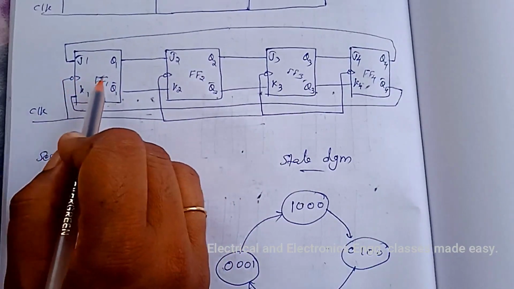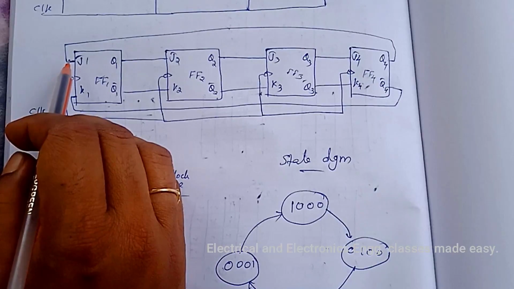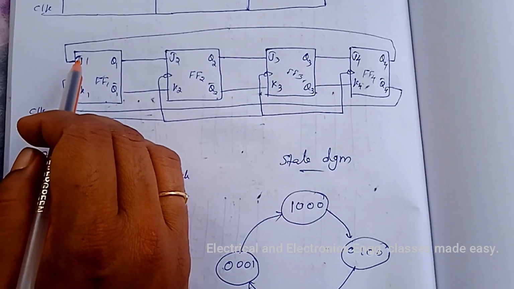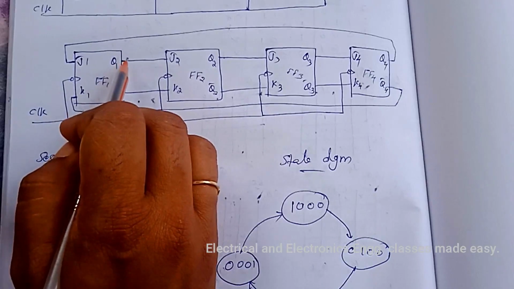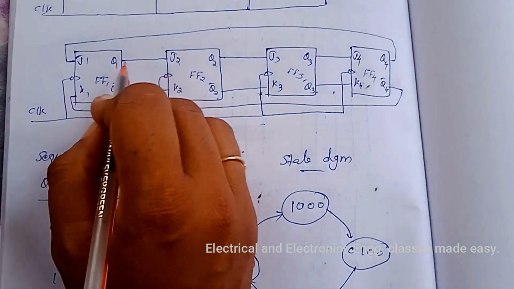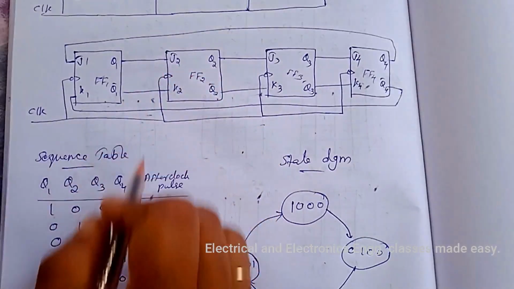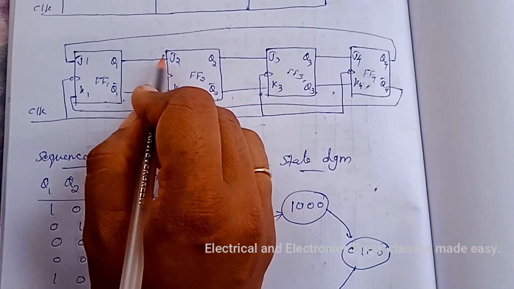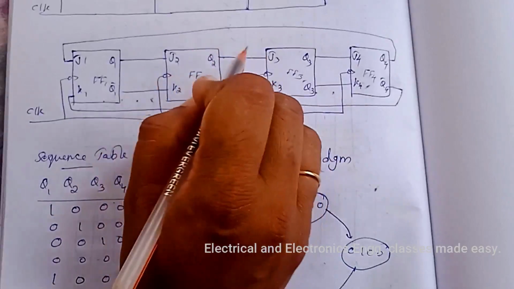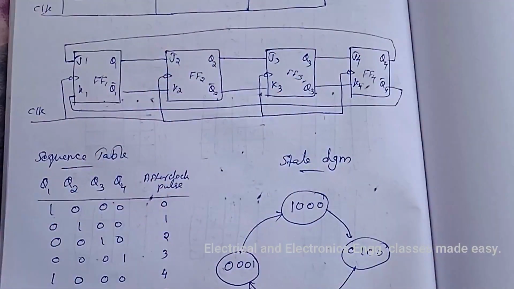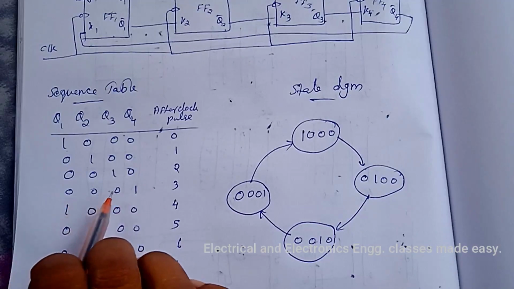After the first clock pulse, this Q4 output is applied to the J input, that is J becomes 0 and K becomes 1. 0 1 means this Q1 now becomes 0, and the previous Q1 output is shifted to the J2 input, that is J2 now becomes 1, then 0 here. Like that each flip-flop is shifted to the right. So this data is shifted to the right by each clock pulse.